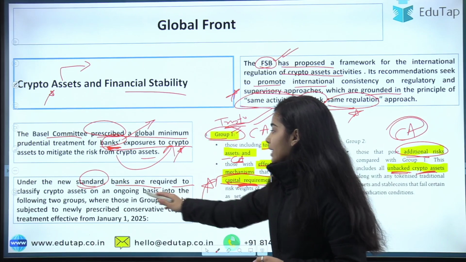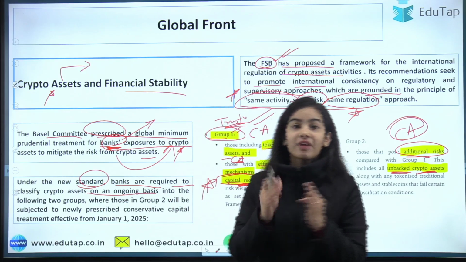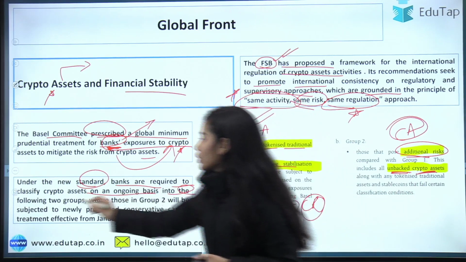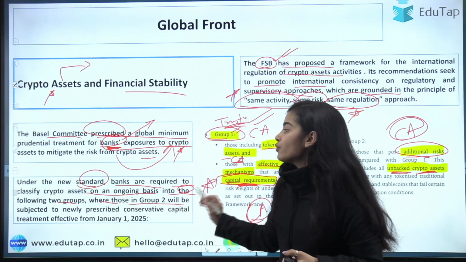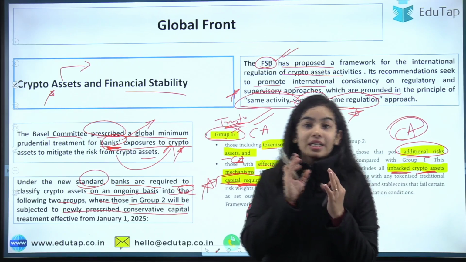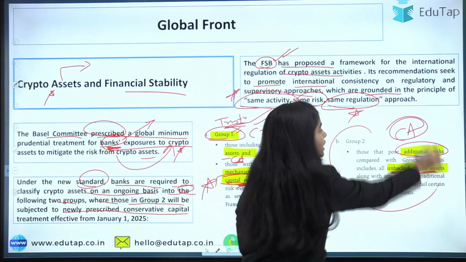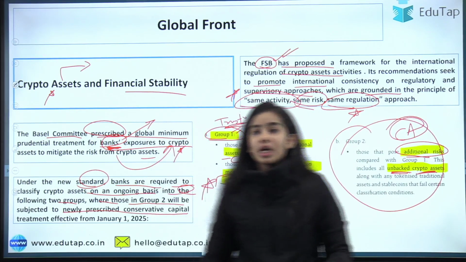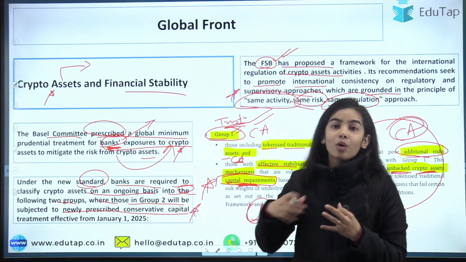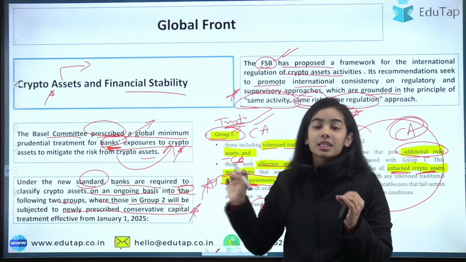So on an ongoing basis, they have to classify the crypto assets into the two categories. The banks have to do this into the following two groups, where those in group 2 will be subjected to newly prescribed conservative capital treatment. So the crypto assets coming in group 2 will be prescribed conservative capital treatment, that is, how the bank should be treating this capital will be defined.